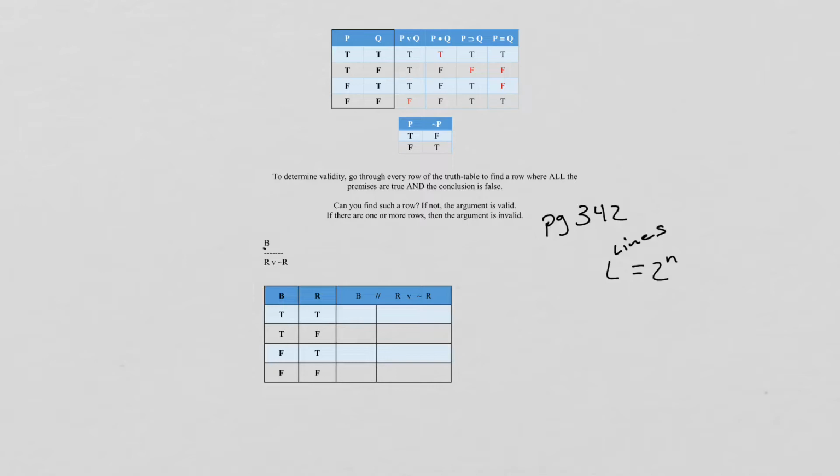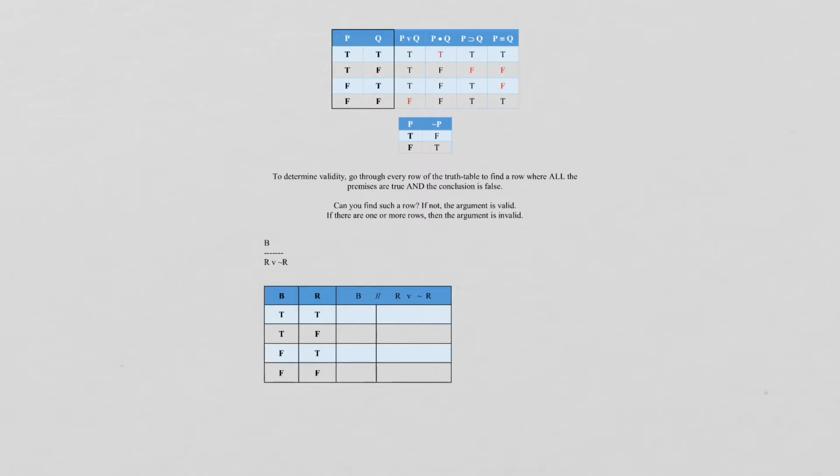In this case, we have B and we have R, so we have two simple propositions. So for this one, we have 2 to the second power, so we're going to need 4. And of course, if we had 3, that would be our new equation. And 2 to the 4th, we're definitely not going to go any higher than that. So that tells us how many lines we need.